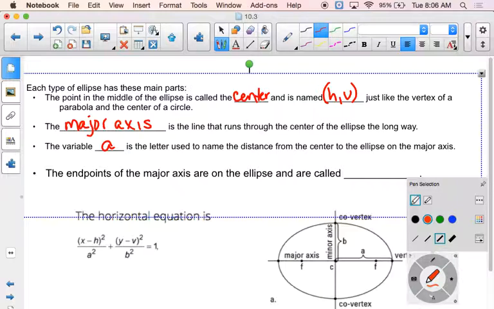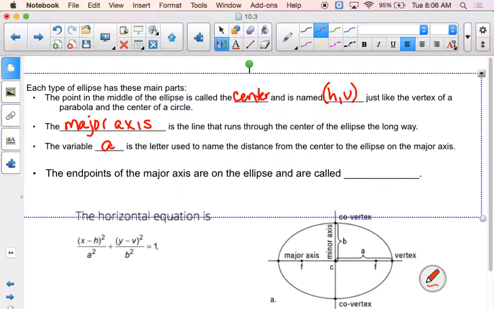So the endpoints of your major axis that are on the ellipse are called your vertices, okay? And your horizontal has the major axis coming first. So our major axis is going to run here, and the endpoints are your vertices there and there.